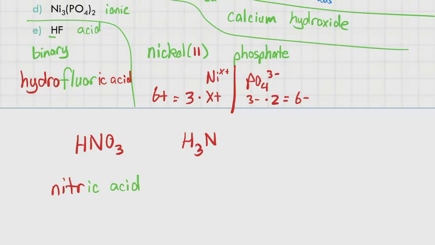Our binary naming convention means that we have to add hydro. Let's see what happens if we don't add hydro. So for binary acids, we use the base of the nonmetal that's not hydrogen. So it'd be NITR. And we would change the ending to ic and add acid. So if we don't have a hydro prefix, we cannot tell these two apart, and that is a problem. And so that's why we have the hydro prefix.